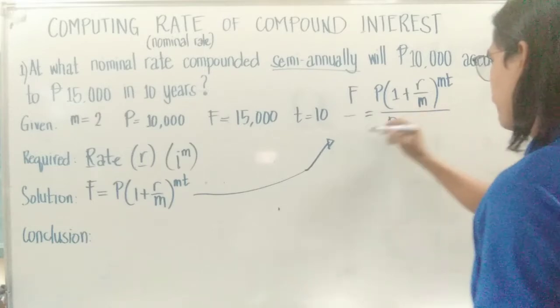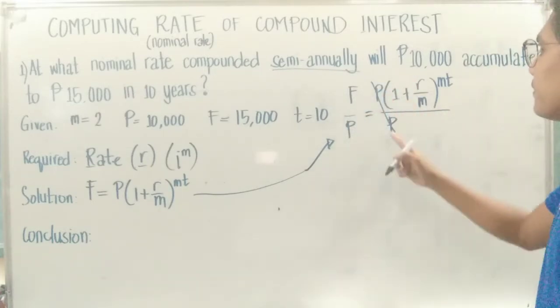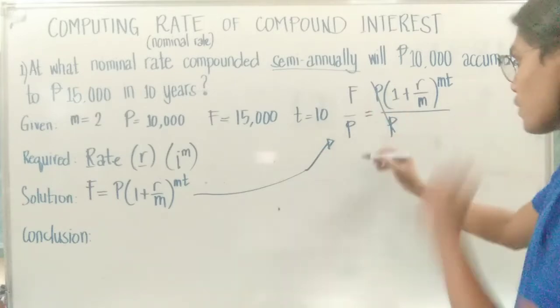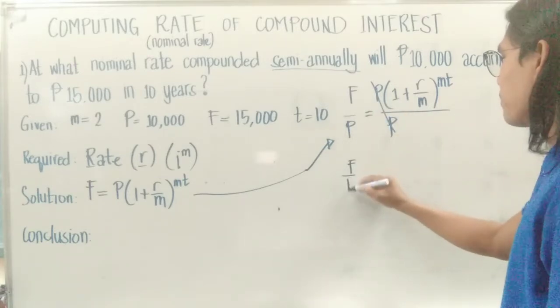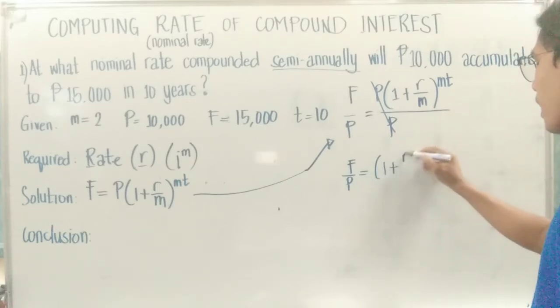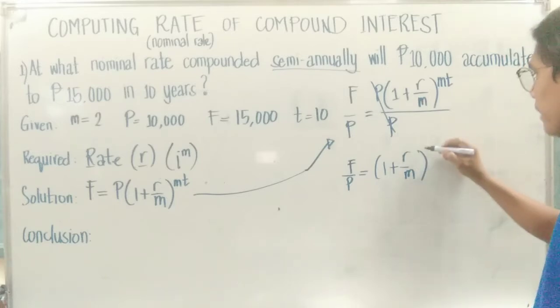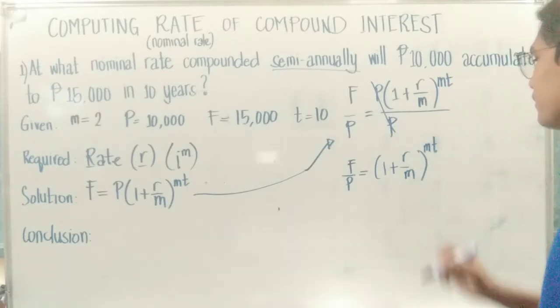So P divided by P is 1, and we now have F over P equals the quantity of 1 plus R over M raised to MT.